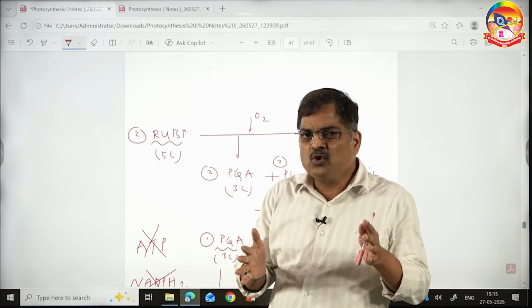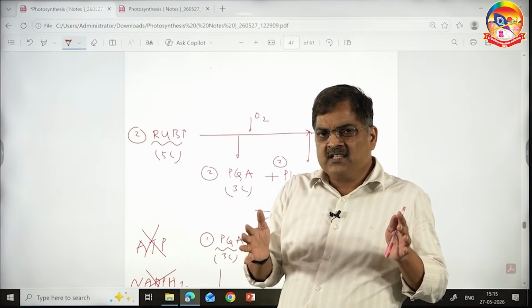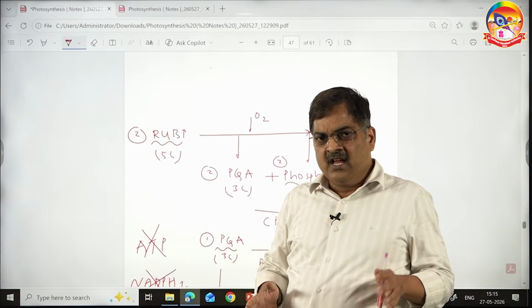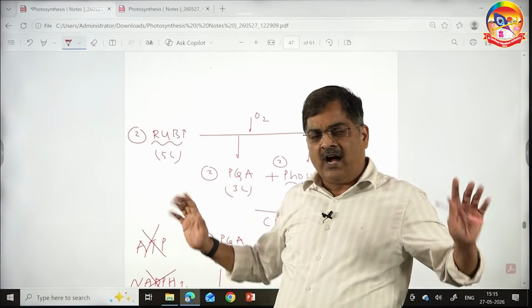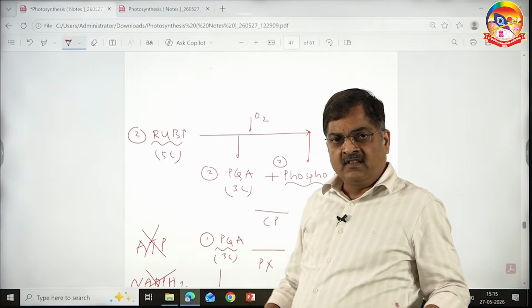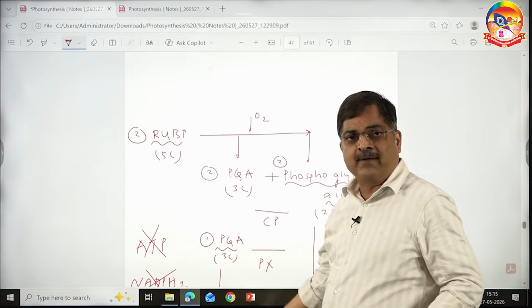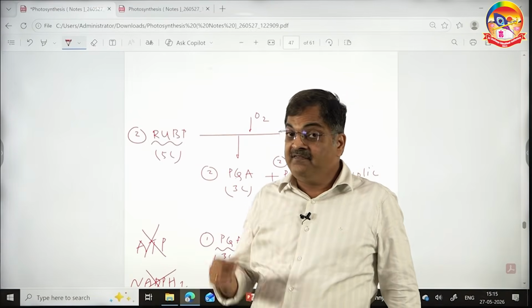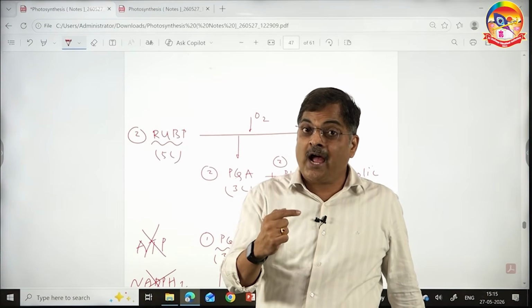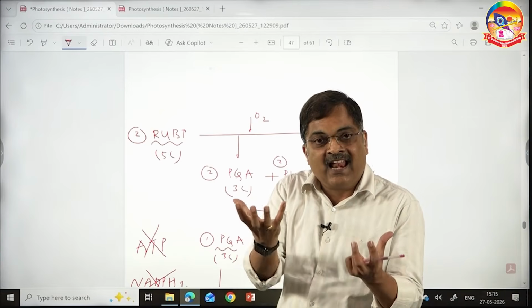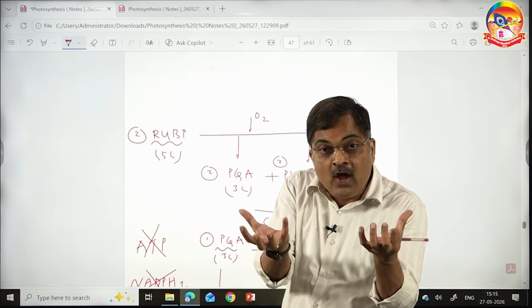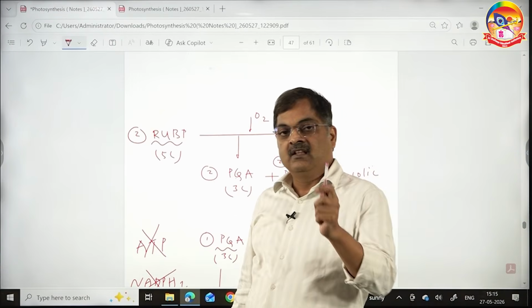So it is the Rubisco site which is causing a problem for us. If Rubisco said, I absorb only CO2, I don't take oxygen, then we wouldn't have seen this entire process. The fact that it is going to take even oxygen, catalyze even RUBP oxygenation, that is the problem.